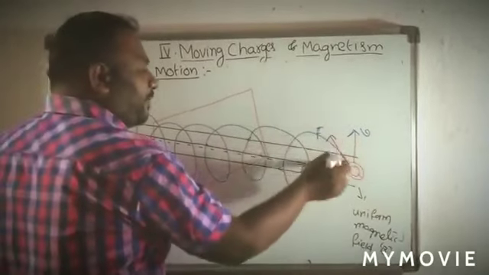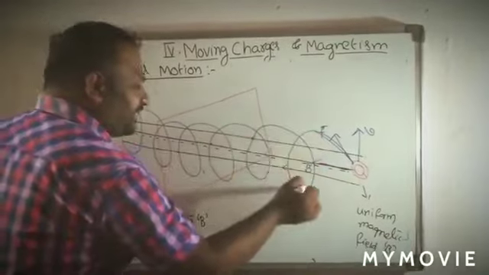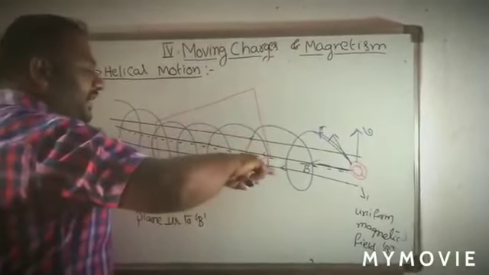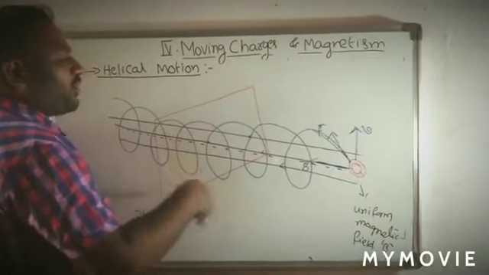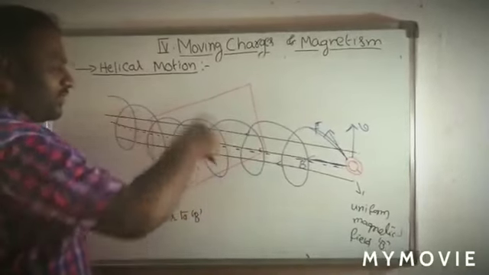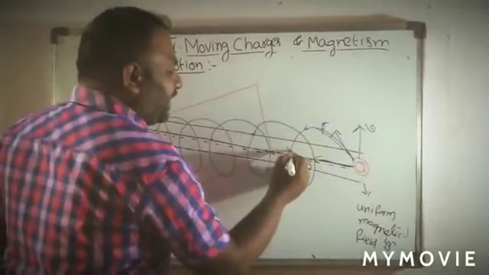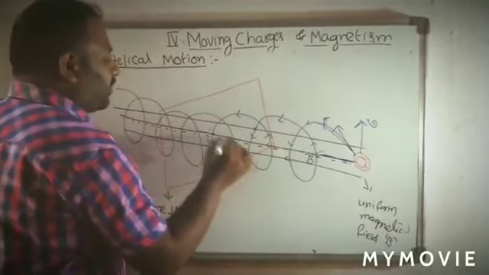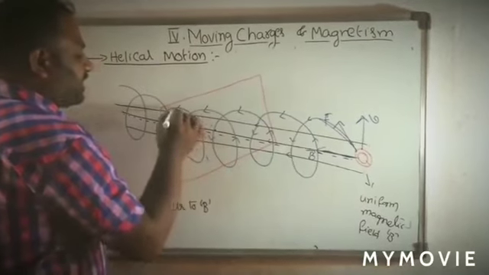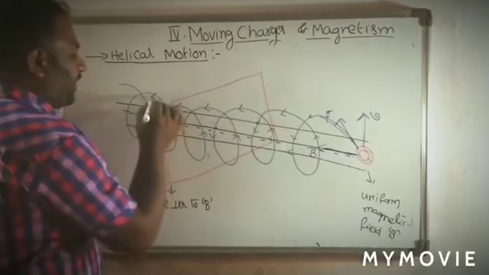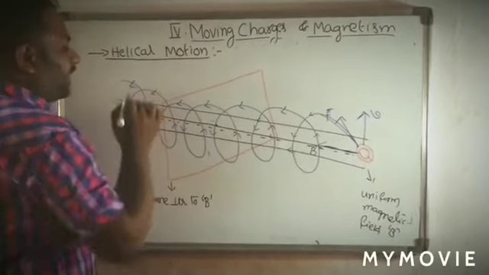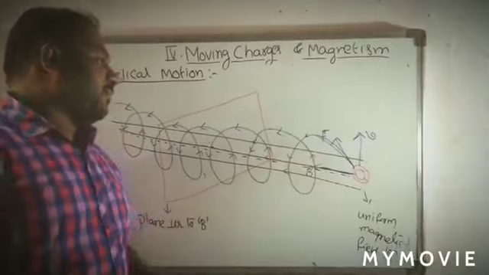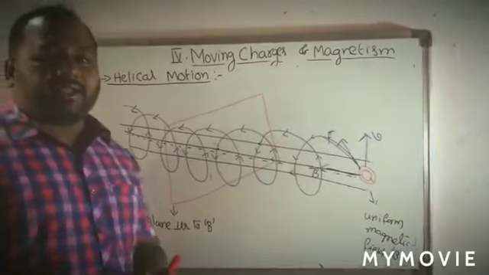At the same time, due to the perpendicular component, the charge takes a circular path. So at a time, two components are acting and the two motions combine. This motion is called the helical motion, and it occurs when a charged particle is placed in a magnetic field, due to the parallel and perpendicular components.